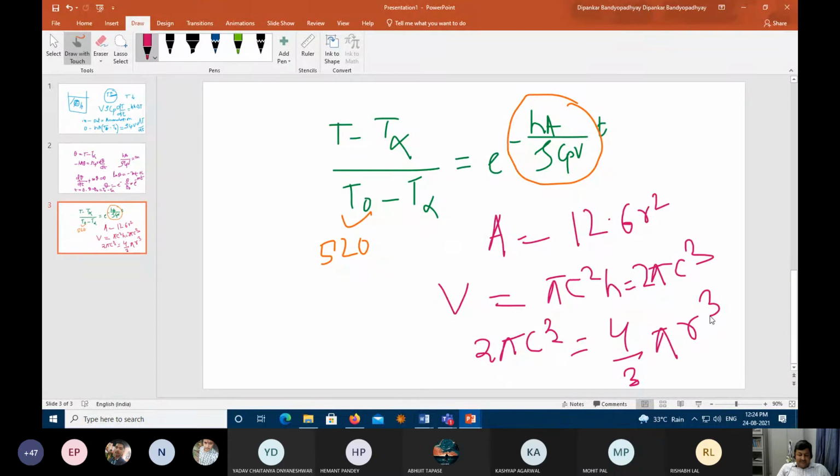So you have a relationship between c and r. From there, c is equal to r times (2 by 3) to the power 1 by 3. How much is c in terms of r? To simplify it.